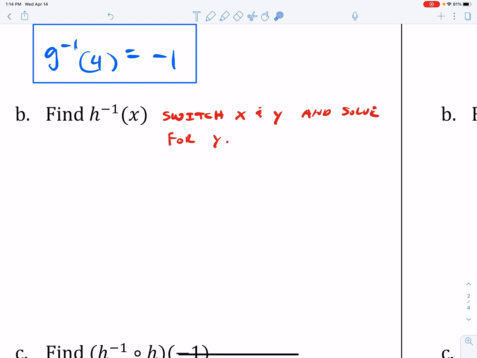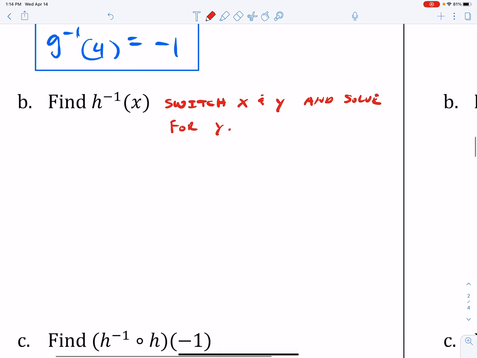A little trick in what I'm thinking here, right, is you see how this is an x value? What I want to do is switch this for a y and solve for y, okay? You'll see what happens in a moment. So what we're going to do here is switch the x and y and solve for y.